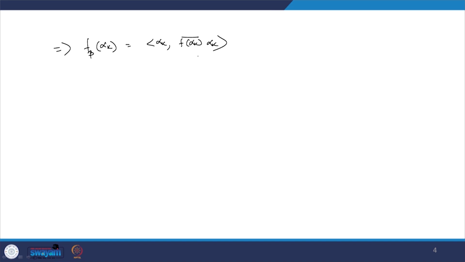So, based on this, a beta of alpha k will be equal to f of alpha k times the inner product of alpha k with itself, which is equal to 1.